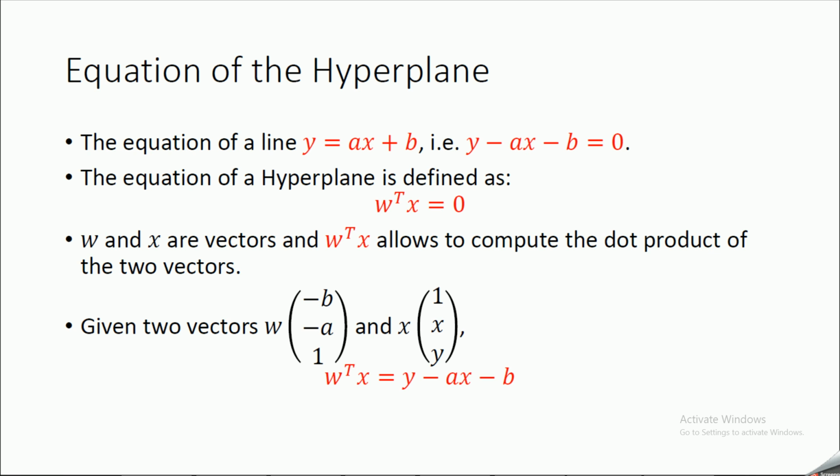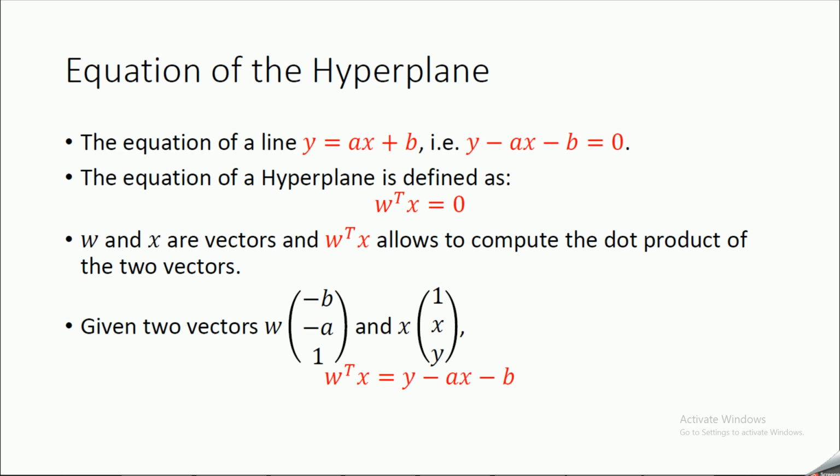Now we all know the equation of a line, which is y = mx + c or y = ax + b. When you shift ax and b towards the left hand side, we can write the equation as y - ax - b = 0.